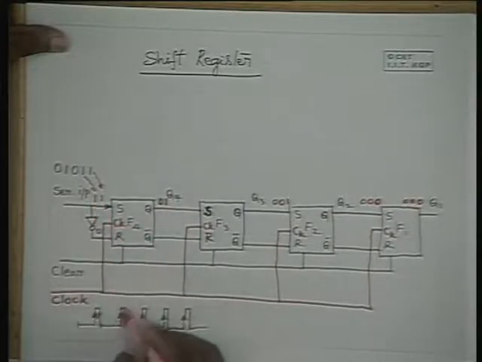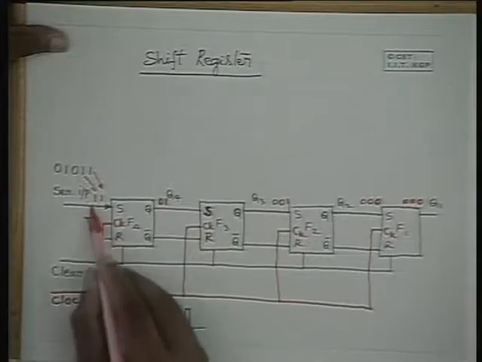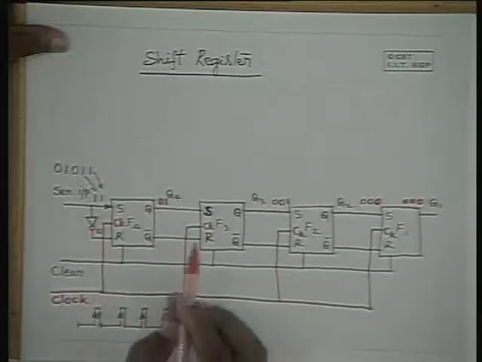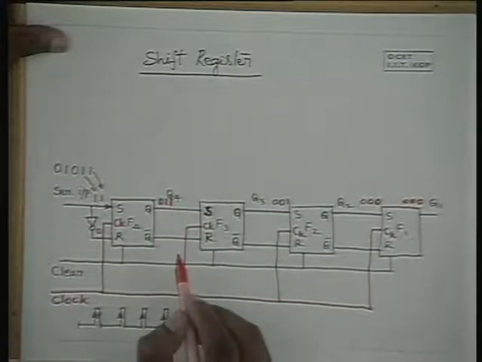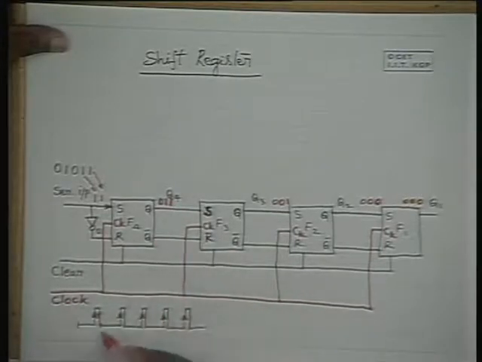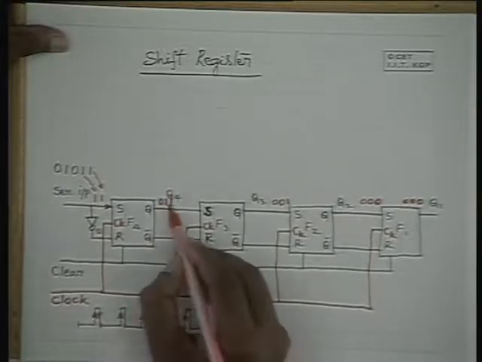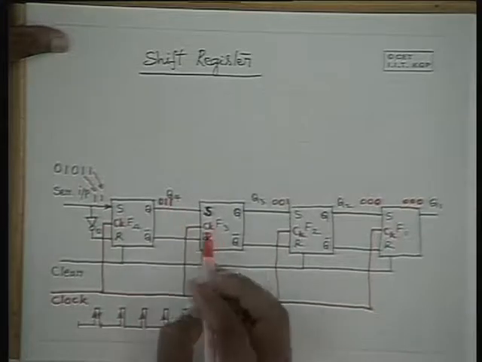So during the second clock pulse, since the input is a 1, this 1 gets transferred here and therefore it will be a 1. And during this period, this one remains a 1.